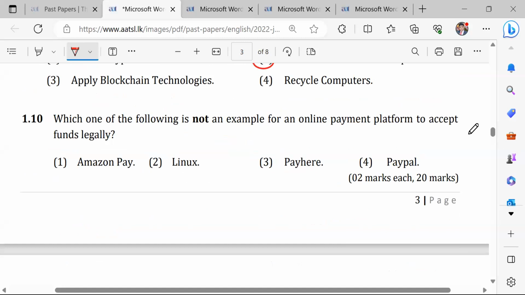Which of the following is not an example of an online payment platform? All are payment platforms, but this is an operating system. Amazon Pay, Payhere, PayPal, right?